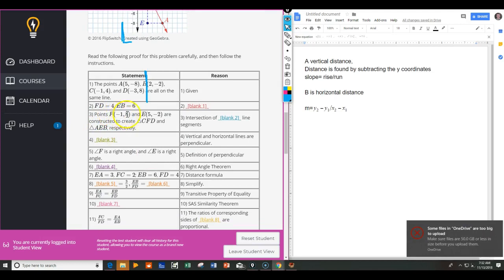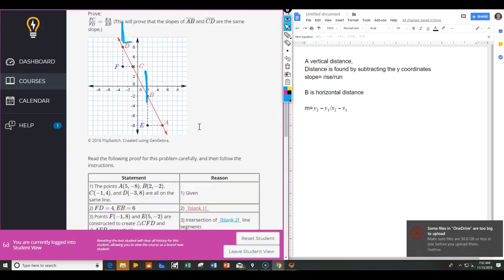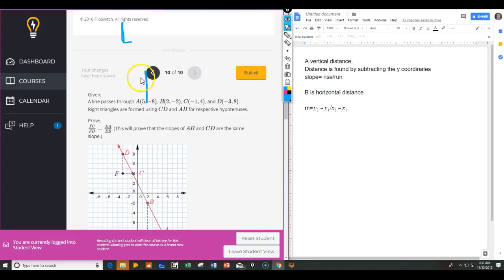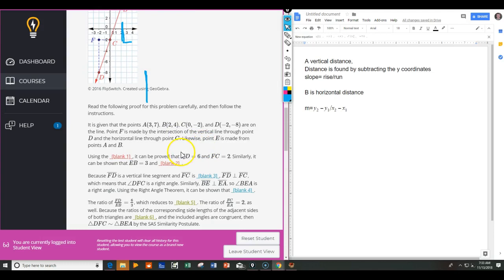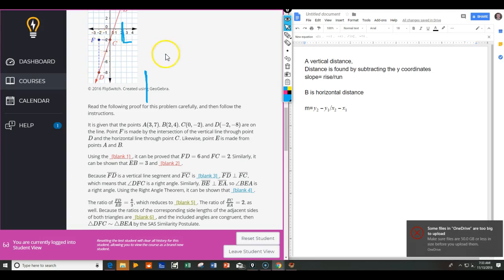Points F (-1, 8) and point E (5, -2) are constructed to create triangle CFD and triangle AEB respectively, intersection of blank line segments. Well, if you were to scroll back to 9, remember that FD was a vertical line and FC was a horizontal line, and that's how it created this triangle.